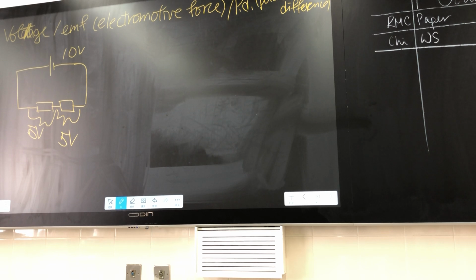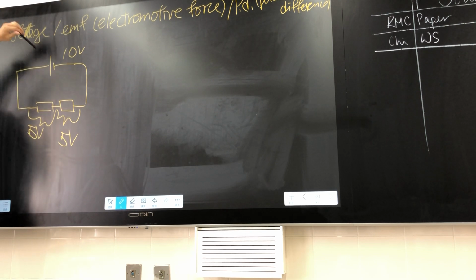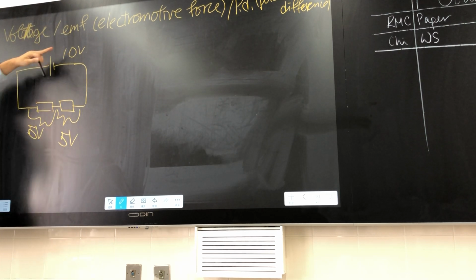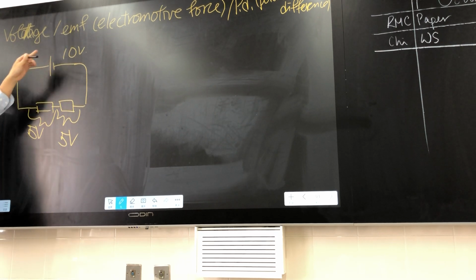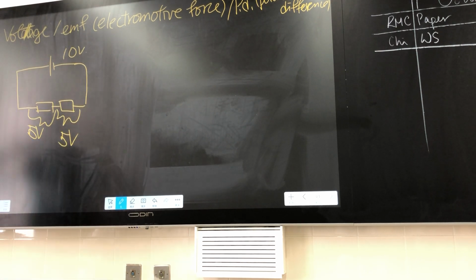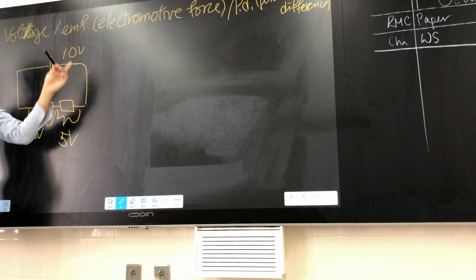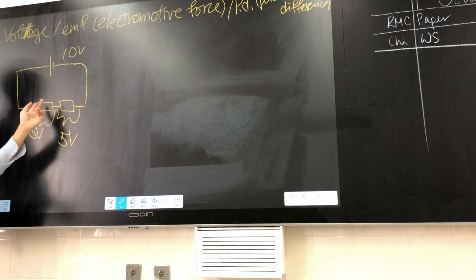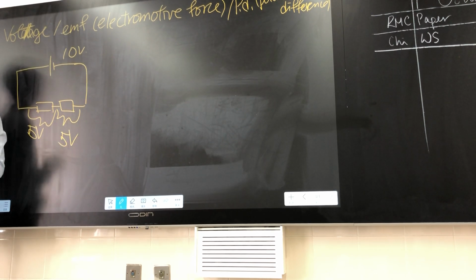記唔記得點解啊？So you carry, so the current carry 10 V, and then when it goes back to the negative terminals, so all voltage needs to be used up, right? So you need to put down 10 V before it goes back to the negative terminal. So in this case, there are 2 resistors, and they are the identical resistors.